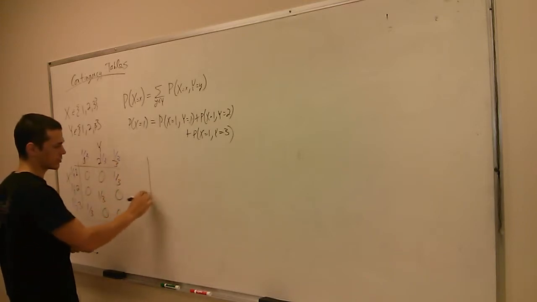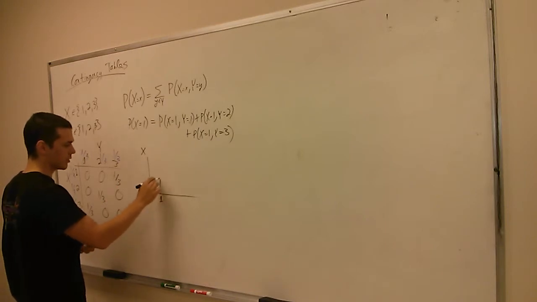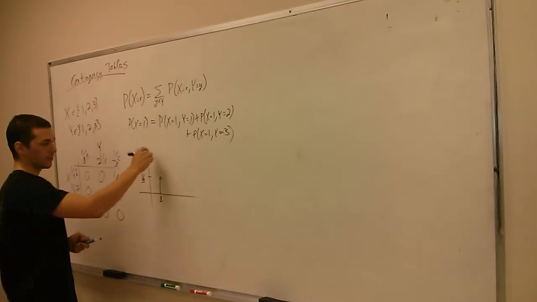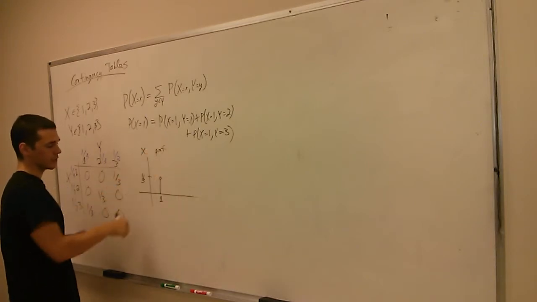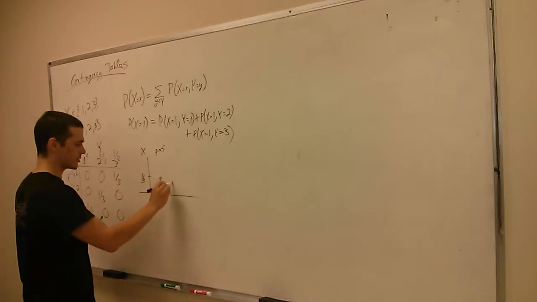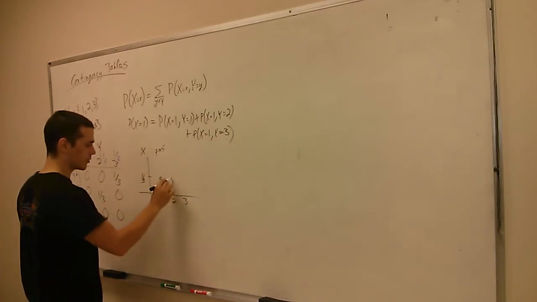So what is the mass function for x? This is the PMF, the probability mass function. This is the probability that x takes on 1, this is the probability x takes on 2, and 3.